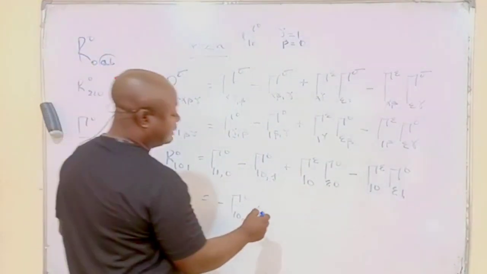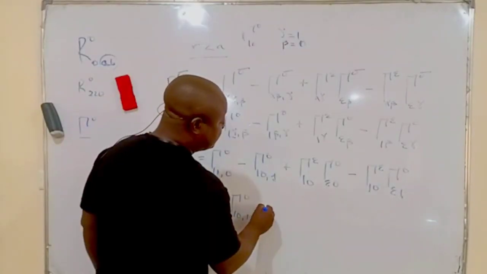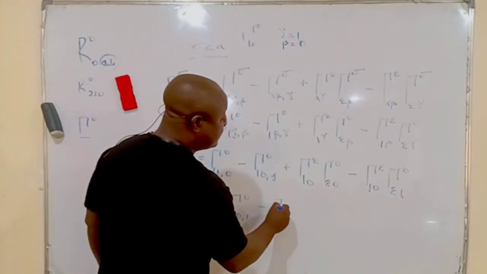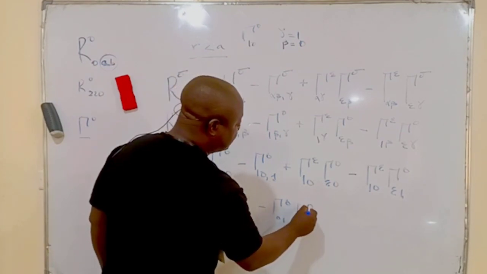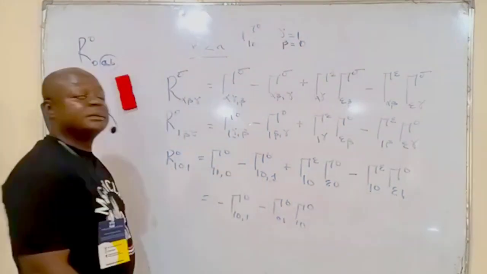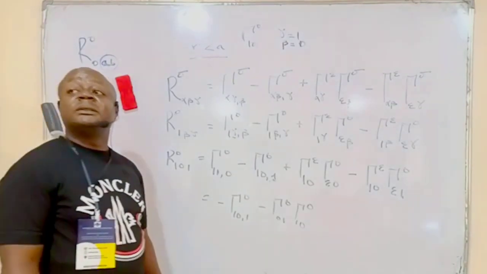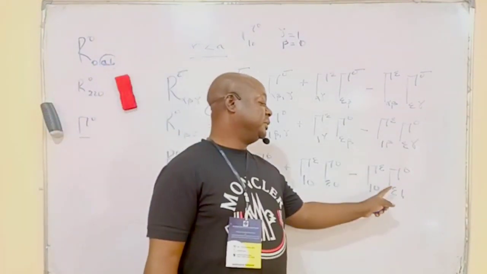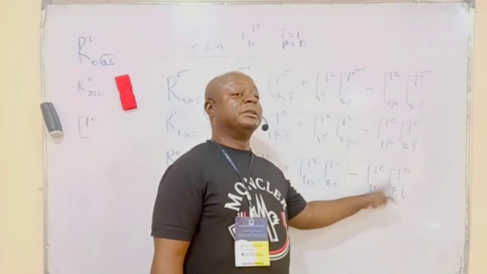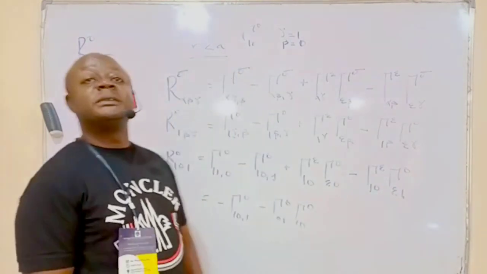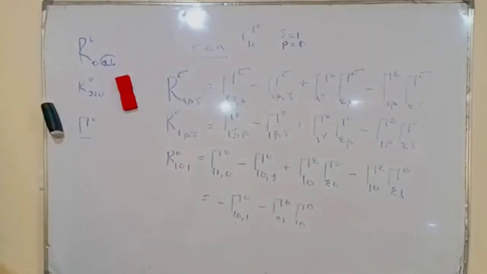So you have plus or minus 0, 0, 1, 0, 1, 0. When you go to 1, it will not survive. 2, it will not survive. 3, it will not survive. So this is our final expression for R0101.